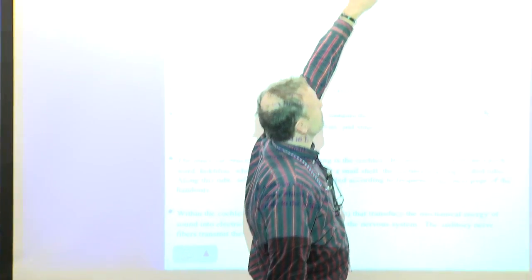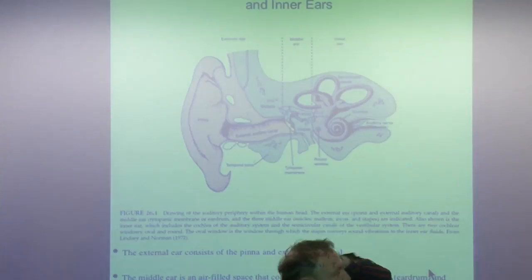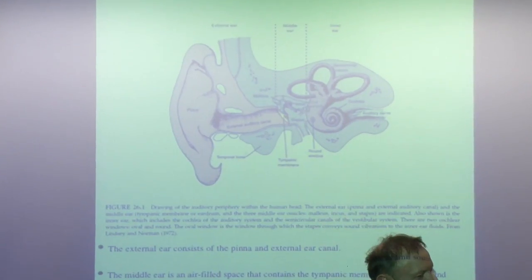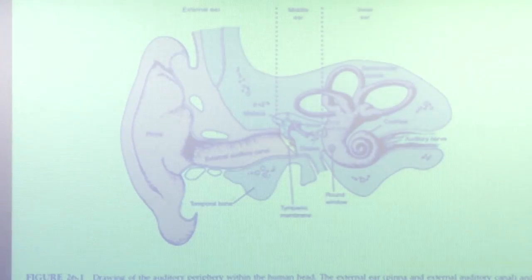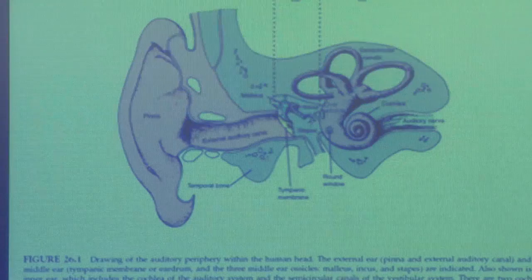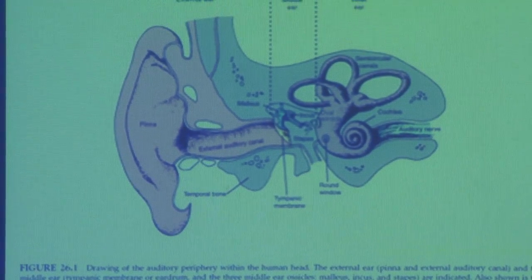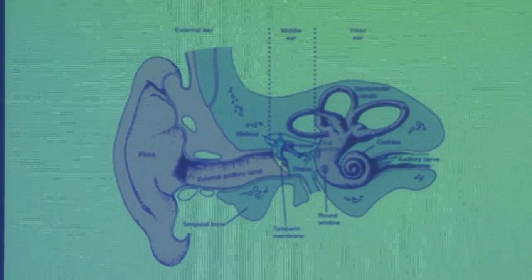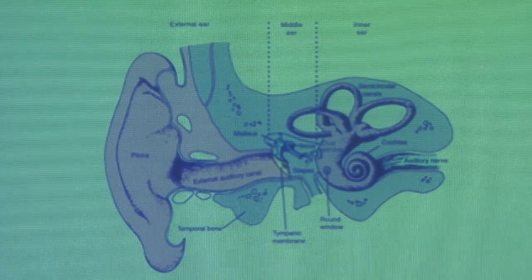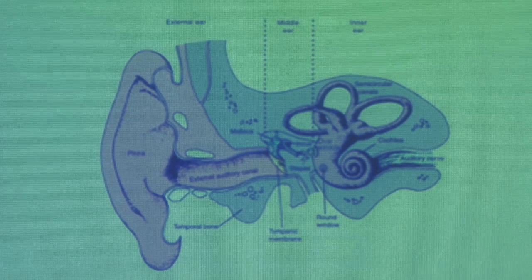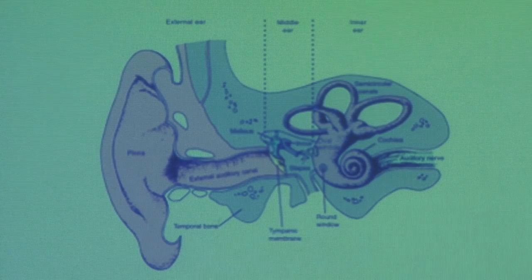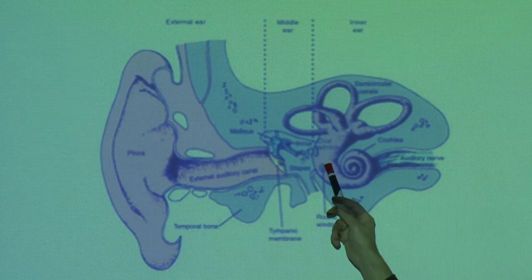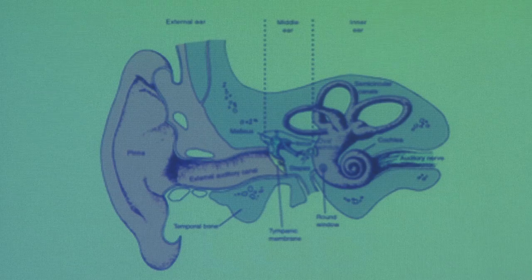Okay, the stapes foot plate ends up at the cochlea, and the cochlea is the main part of the inner ear. And cochlea, as it says here, gets its name from the Greek word cochleus, which means snail. And certainly the inner ear looks like a snail shell.